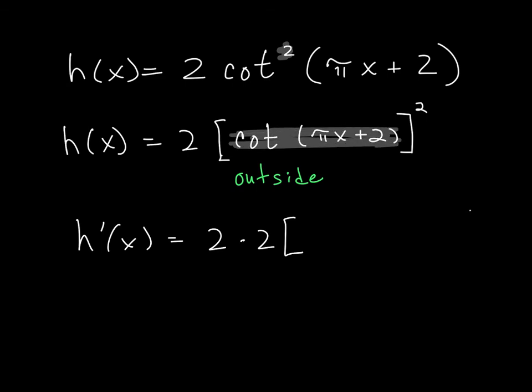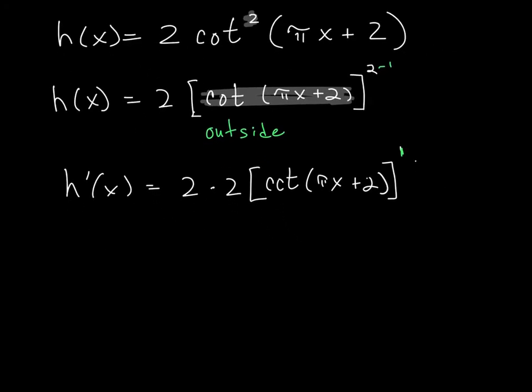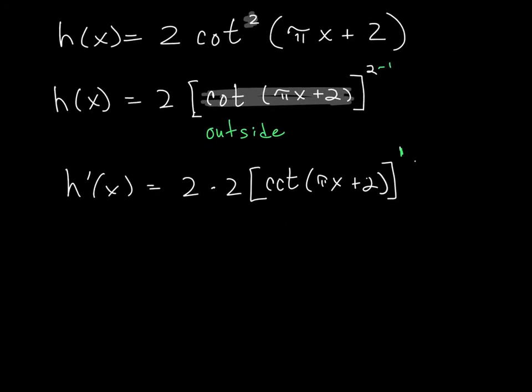So that stays as the cotangent of pi x plus 2. And this now becomes to the first power because that is just 2 minus 1, so that gives me my 1. Now, what the next part is now I have to take the derivative of the inside.